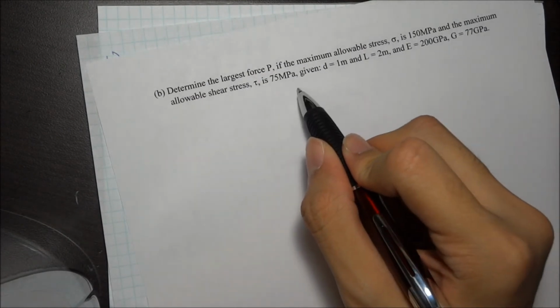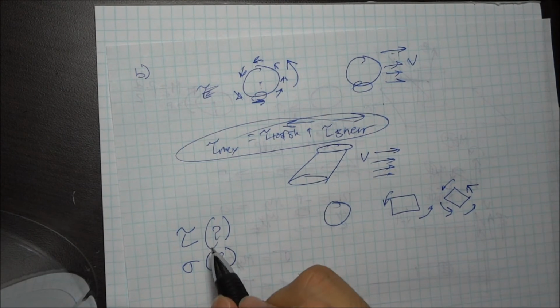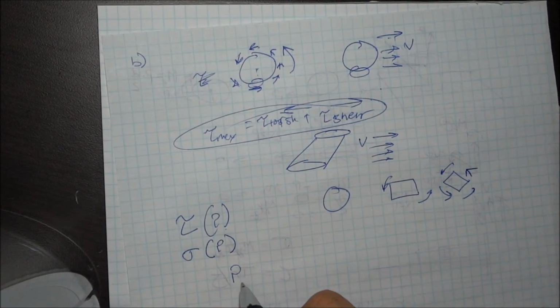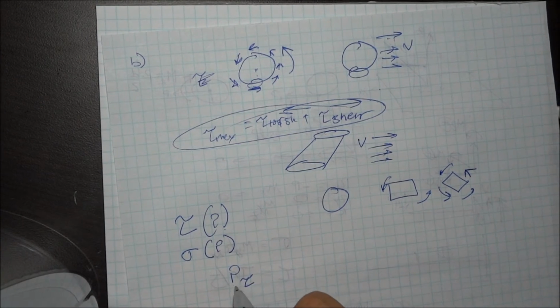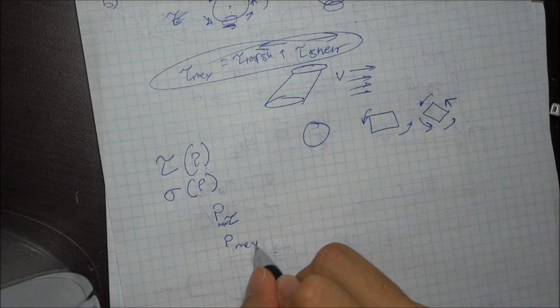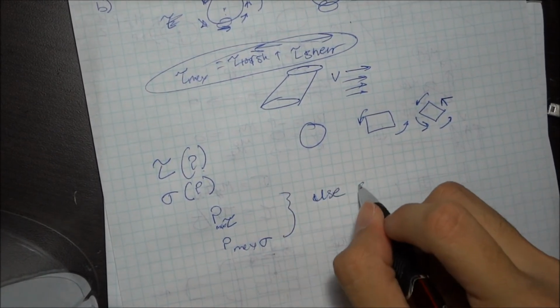You're given all this information. You're going to plug all of this information into here and solve for P. You're going to get a P max due to tau and a P max from sigma, and you want to use the smallest.